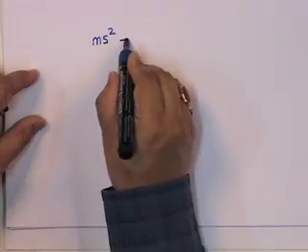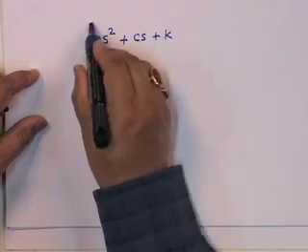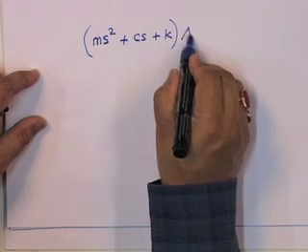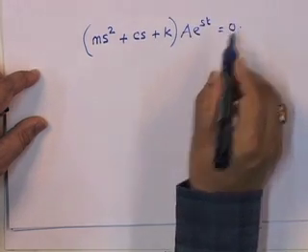If we substitute all of these into that equation and then simplify it, what we get is m s squared plus c s plus k, into A e to the power of s t, is equal to 0.